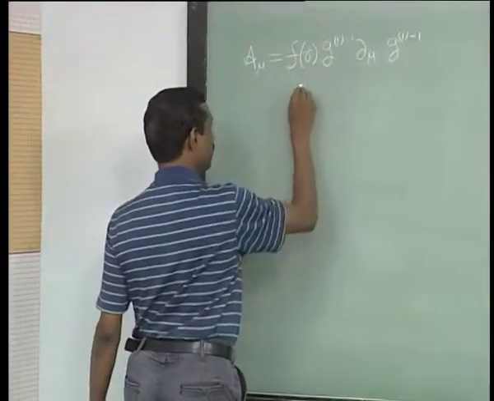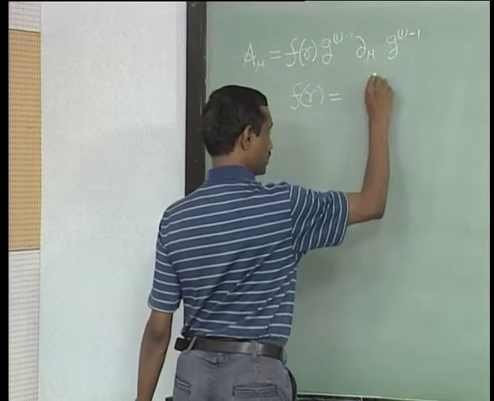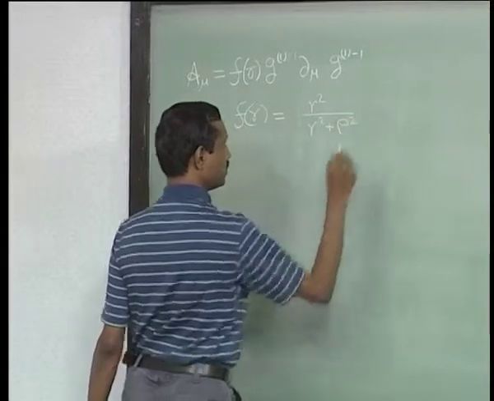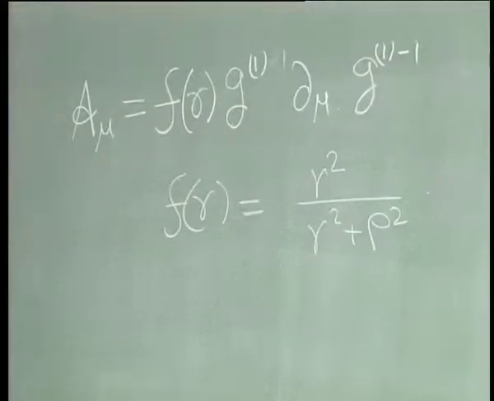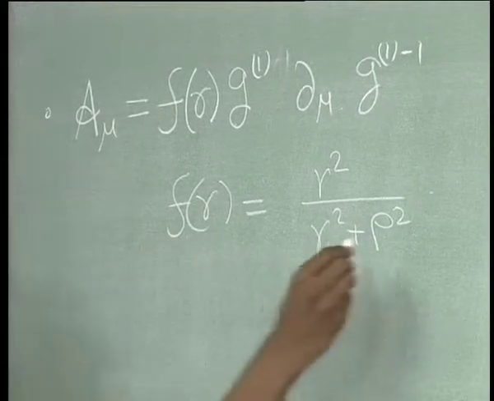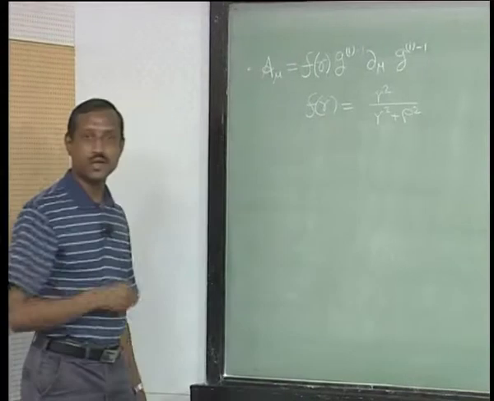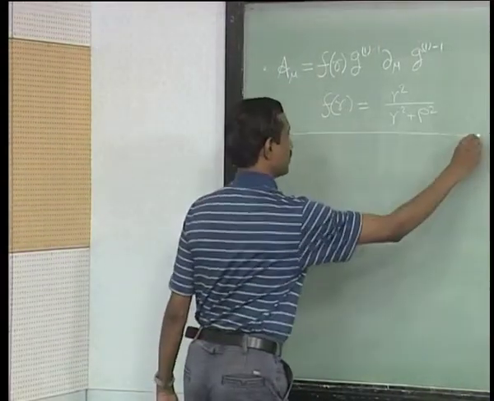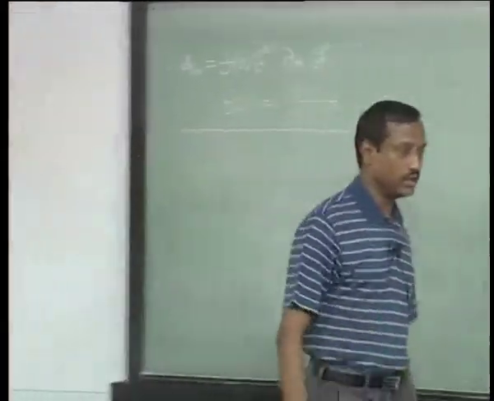I did not prove anything, but I said that the following thing is a solution, r square by r square plus this thing. This follows from the Euler-Lagrange equation, and this is something which will be there in your assignment for you to check, but we can look at this solution in some detail.